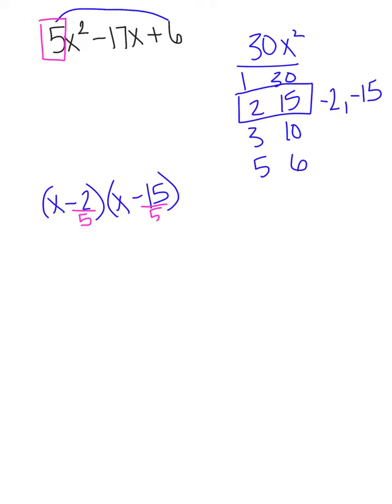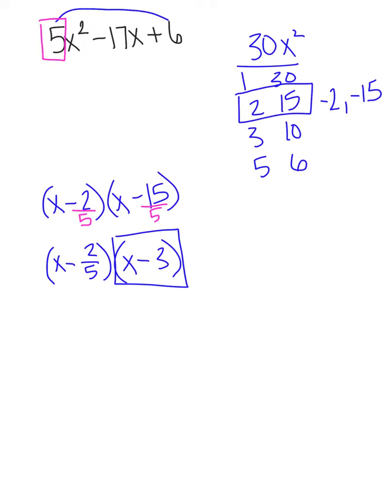So now I reduce. I'll get x minus 2/5 and x minus 3. So as you can see, our last binomial, the number reduced, but in our first binomial it didn't. We still have a fraction.